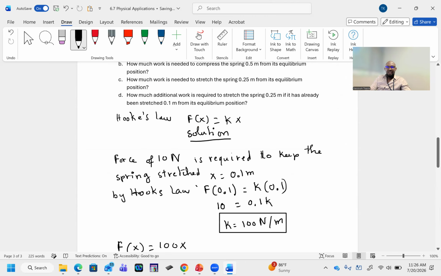And let's read again. How much additional work is required to stretch the spring 0.25 if it has already been stretched 0.1? So then you want to stretch 0.25 meter again.